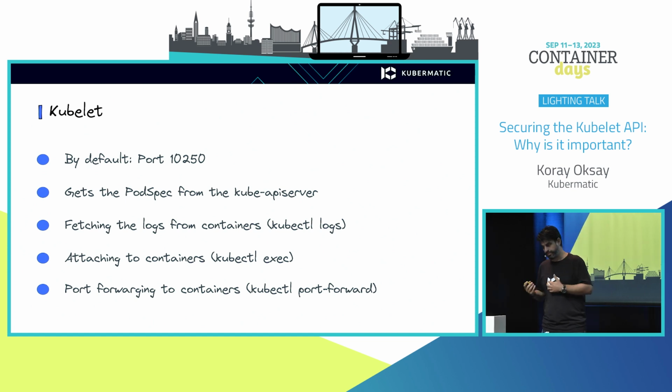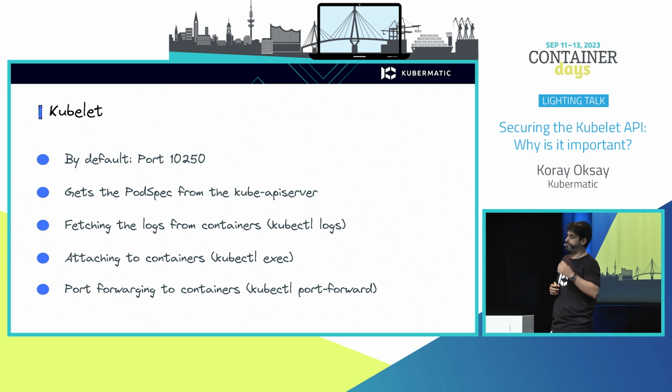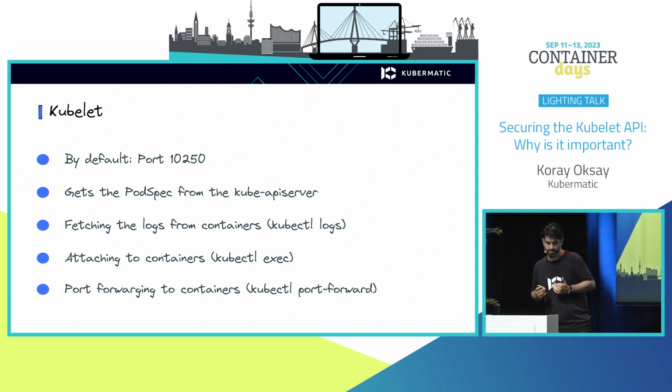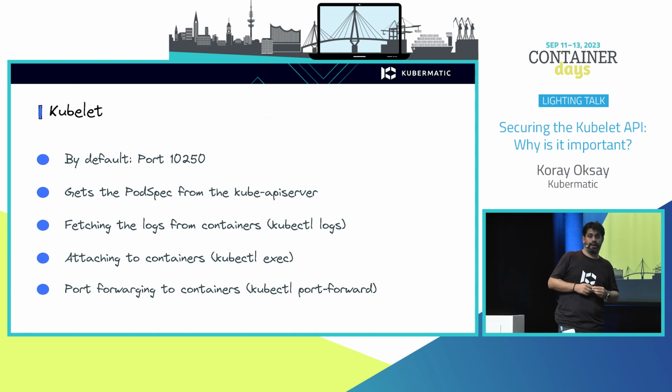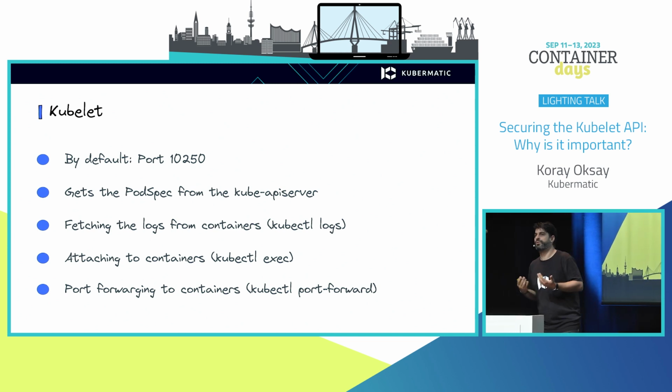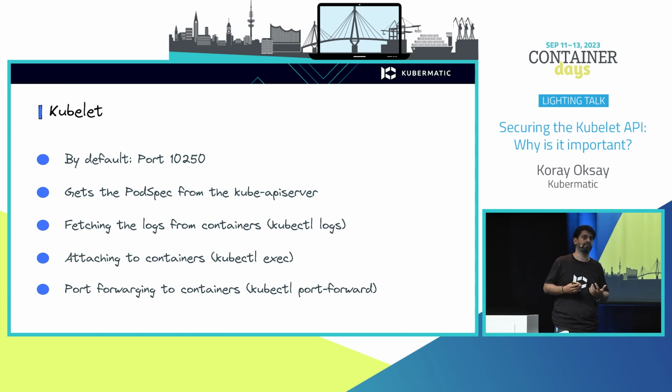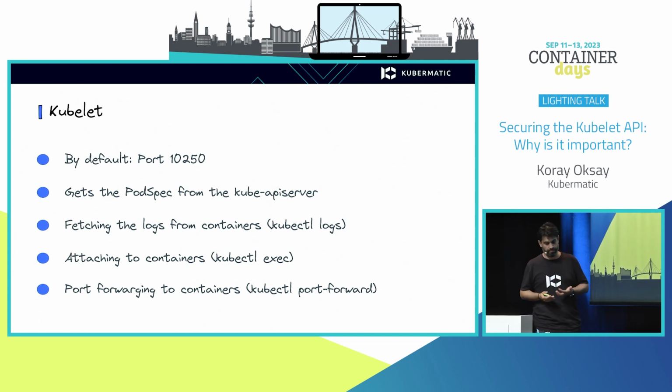So what does Kubelet do in that picture? It runs by default on port 10250. Its main role is to get the pod spec from API server and start the pods or containers on your worker nodes. That's its main purpose.